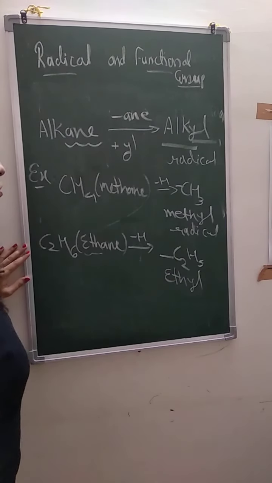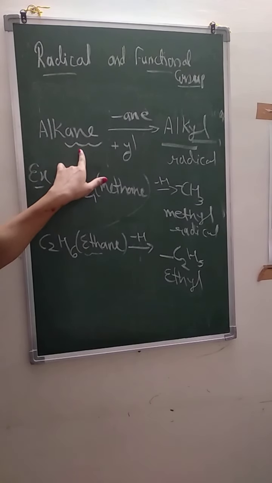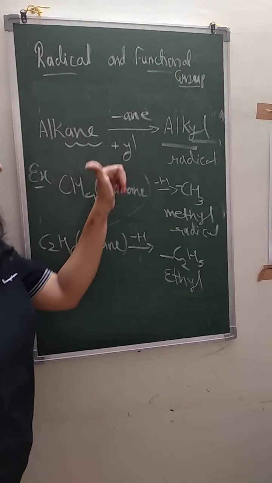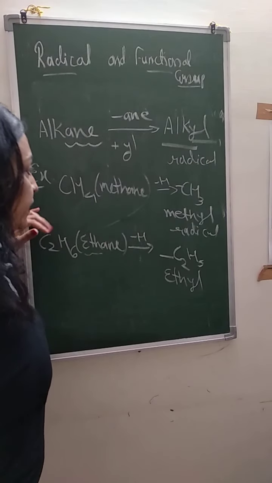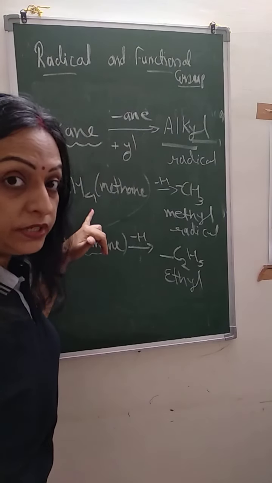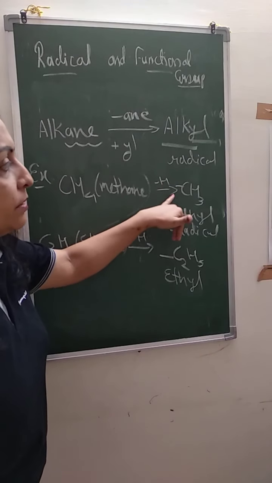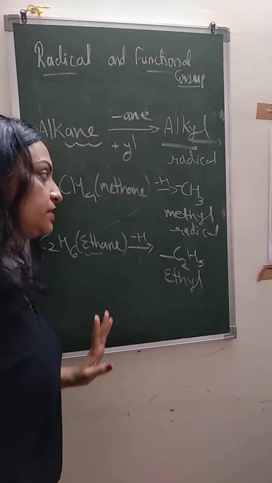Clear? What I said? Alkane or hydrocarbon, its last name ane is removed and in place of that yl is added. So the naming of the radical is done. For example, suppose CH4, it is methane. One hydrogen is removed from this methane, so it becomes CH3, and along with this one vacant position.